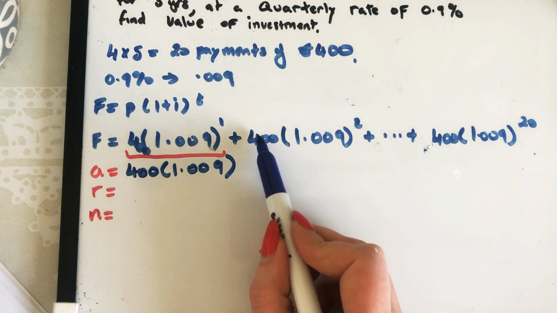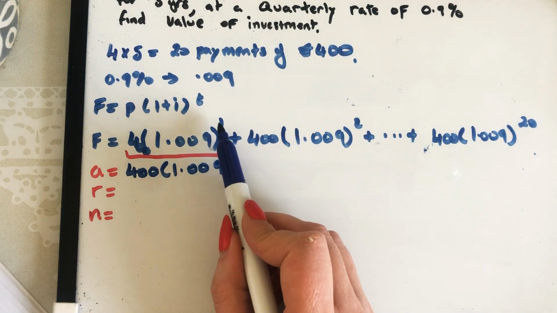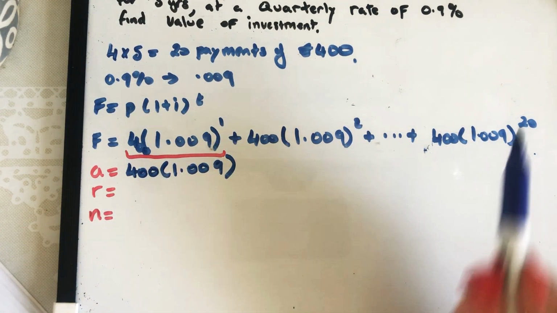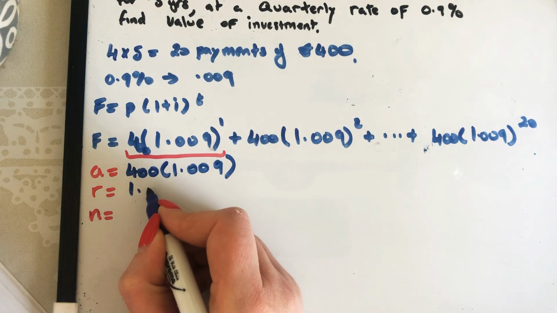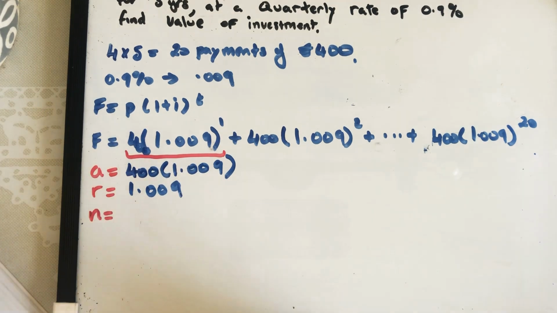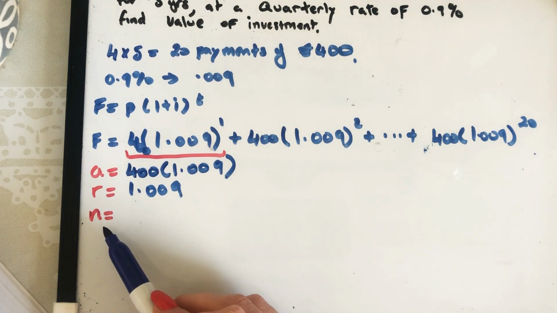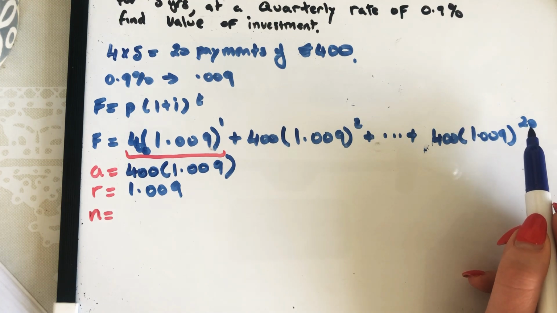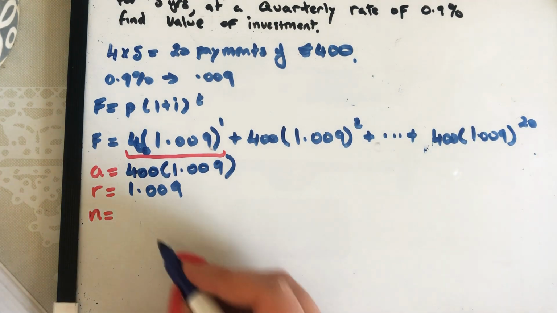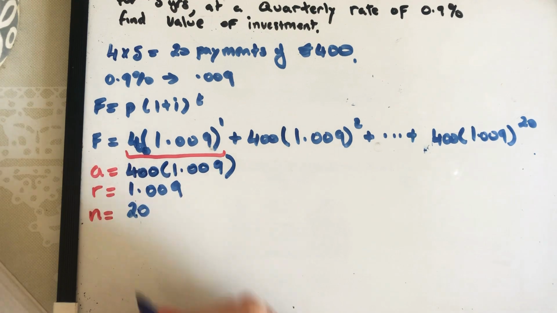You can see the 400 is staying as it is, but there is an increasing power on our bracket. So our common ratio is the bracket, 1.009. And then we have n, which is the number of terms. In this case our highest power is 20, and it is 20 payments that we said he was making, so our n is 20.